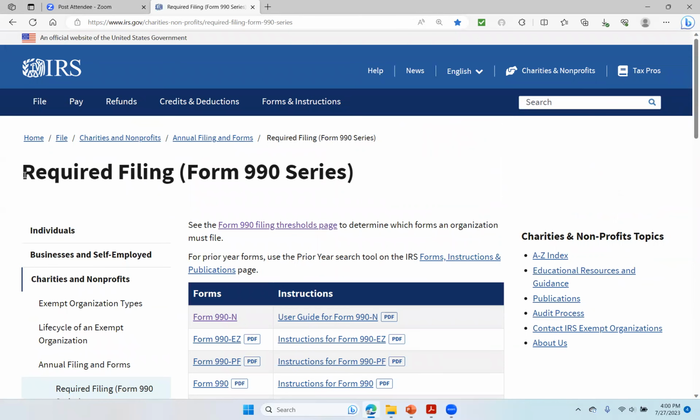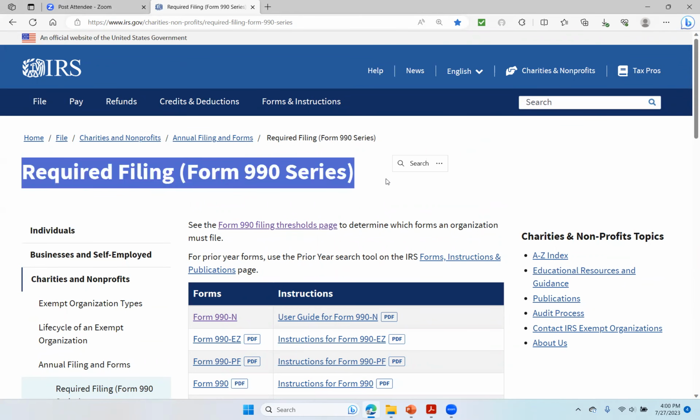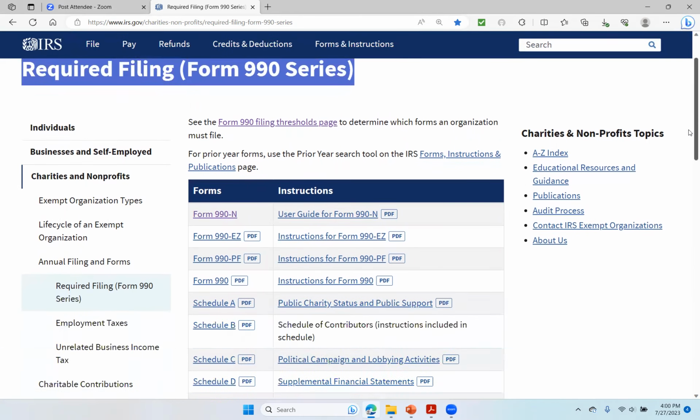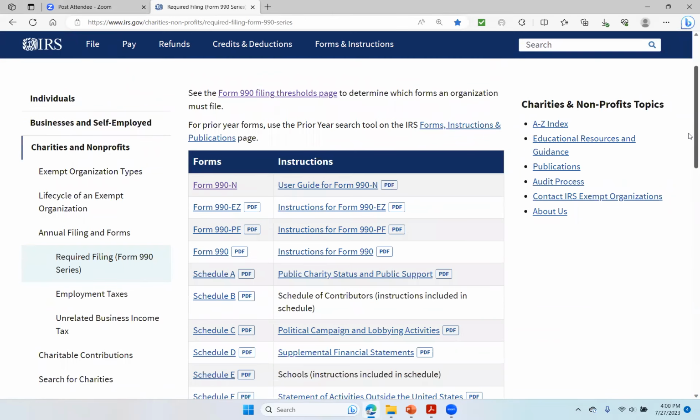And then we have required filing Form 990 series. Scroll down, and we're looking for instructions for Form 990. As you can see, there are different types of Form 990s, but I'm going to click on instructions for Form 990 because that's the Form 990 that the Black Lives Matter Global Network Foundation used.